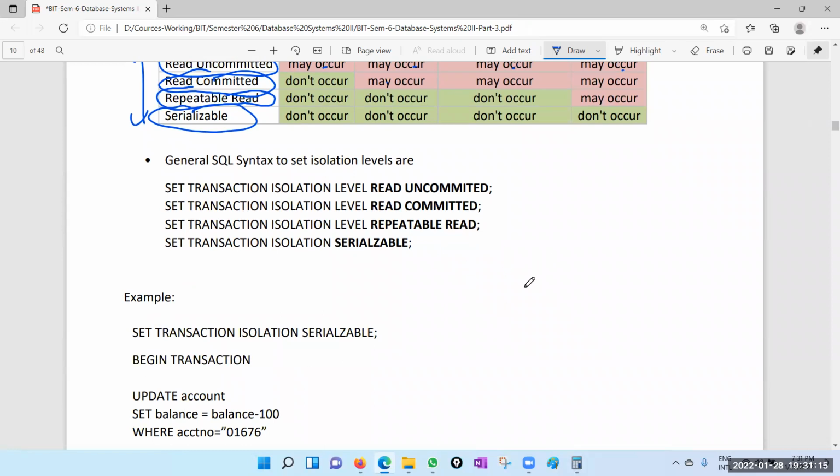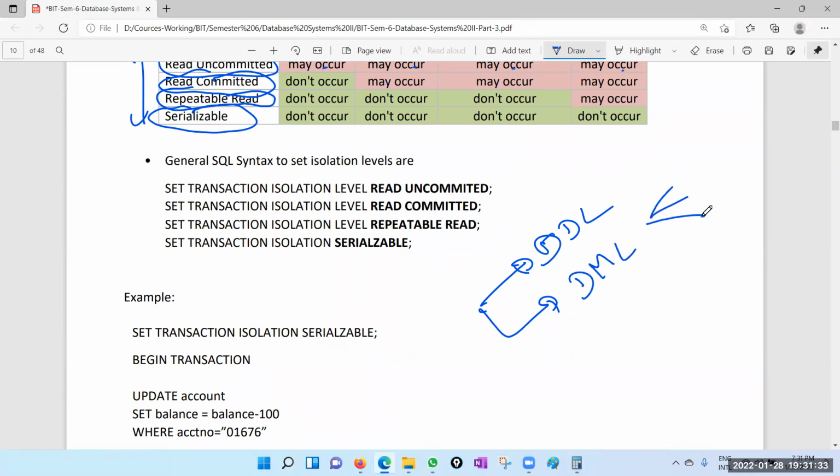So when you are doing transactions, remember there are different types of SQL: data definition language, that is create, alter, drop. Then you have data manipulation language: insert, update, delete. Then you have data query language, that is where you have select. Then you have data control language, which is revoke, grant, security. You learn all 4 in your semester 2 database subject.